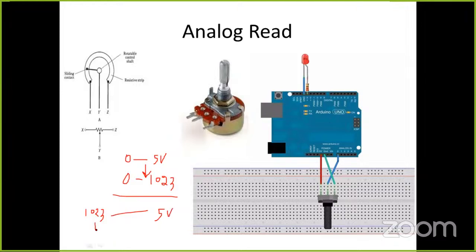So one value corresponds to 5 divided by 1023. If the value is x, then x is multiplied by that. This is the formula we made here. No need to get confused.